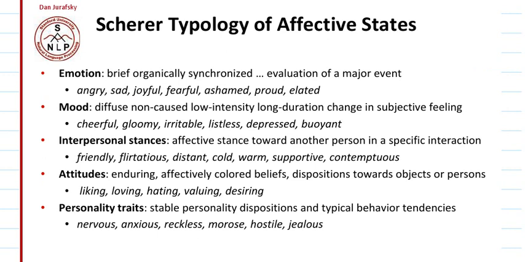But in computational sentiment analysis, we are just looking into attitudes, that is, some kind of enduring, affectively colored beliefs or dispositions towards an object or person, that is, whether that object or person is good or bad. We are not going into the other definitions of sentiment, but we are mostly interested in attitudes.